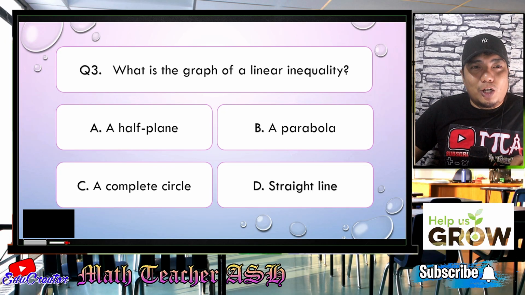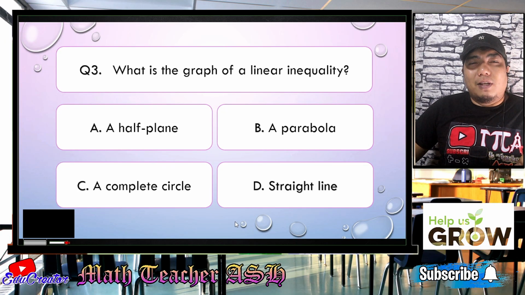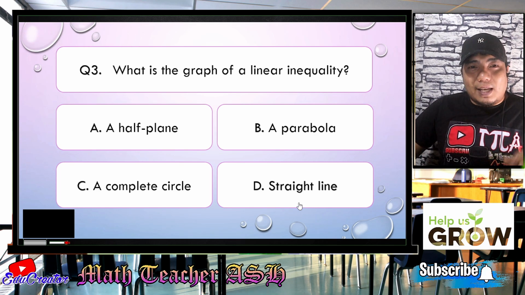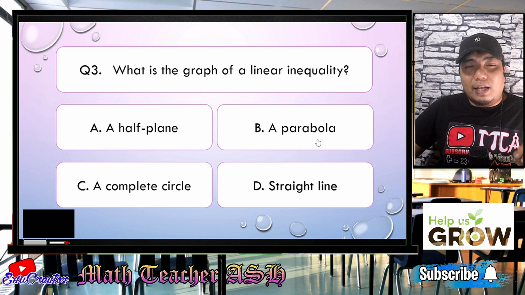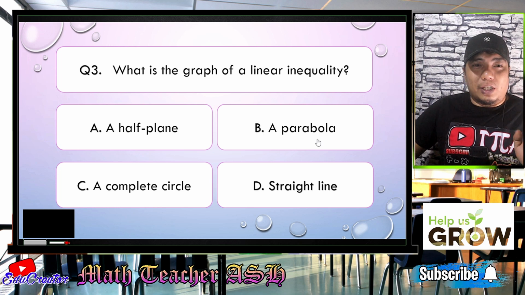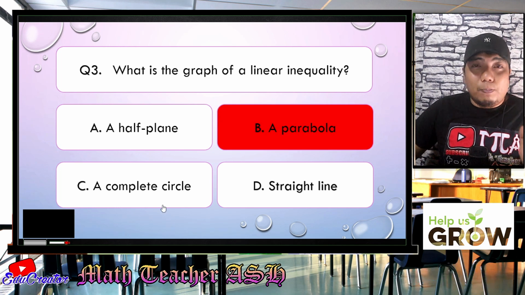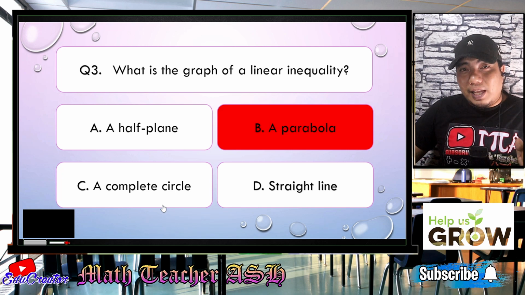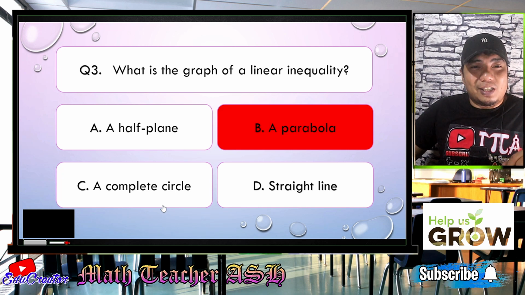Alright, math learners, in this question, we are talking about linear inequality. So, talking about graph in different functions, basically, a parabola is for the quadratic equation. So, this is wrong, letter B. A complete circle is, of course, for functions that pertain to circles. So, letter C is also wrong.